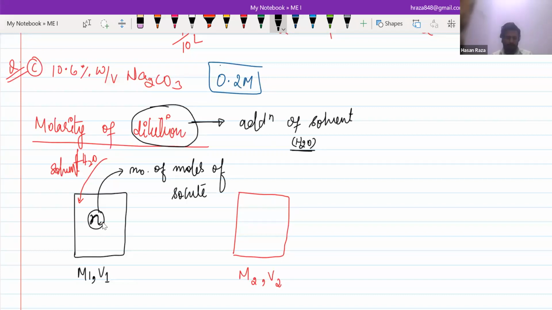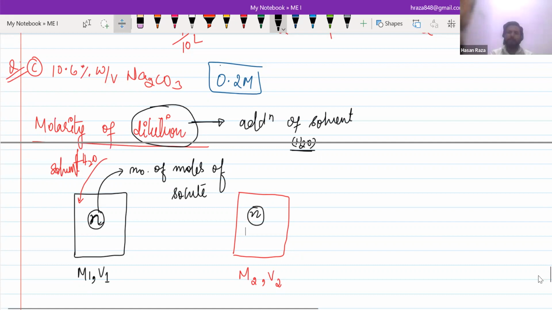Anushka? If you add water in a solution, will the number of moles of solute change? Yes or no? No, sir. No, it will not change. If you have some particles of H2SO4 and you add water, the number of solute will be as it is. The number of moles of solute will be as it is.